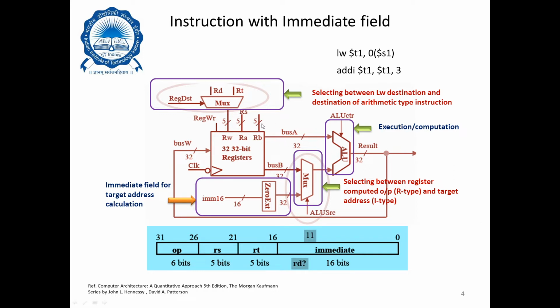Now the output of this gets into the ALU, as you could see in the figure. This bus A I'm talking about gets into the ALU. The second bus, which is the output of the register file, gets into a multiplexer. So this is the second switch. This multiplexer has two inputs. One is the output of the register file, and second is the immediate 16-bit value.